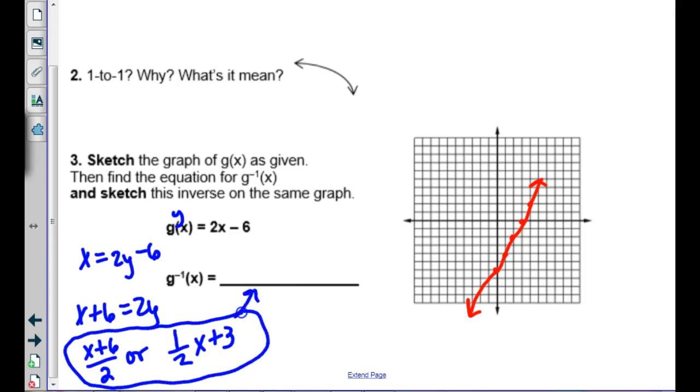I don't care. But when you go to graph it, even if you're not sure, remember all the ordered pairs should switch, right? So the intercept down here that was 0, -6 now becomes -6, 0. Or you can just graph it by starting up here at 3, going up 1 and over 2, or down 1 and back 2.